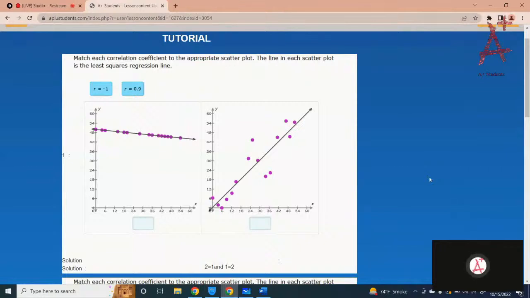The line in each scatter plot is the least squares regression line.